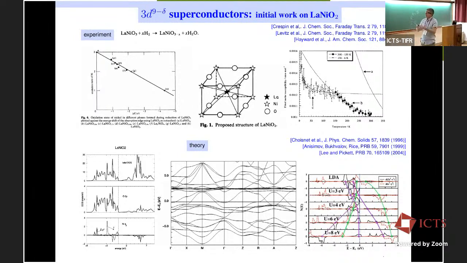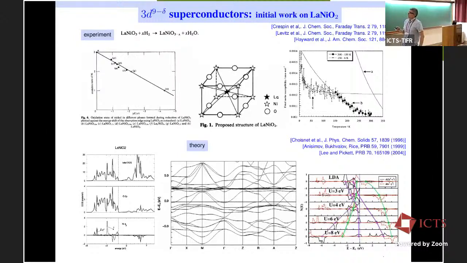If you take out the apical oxygen, then you get formally this 3d9 state that you look for to resemble the cuprates. That can be done by bringing in hydrogen. Hydrogen pulls out this apical oxygen, and you reach this oxidation state 1, after some chemical procedure.